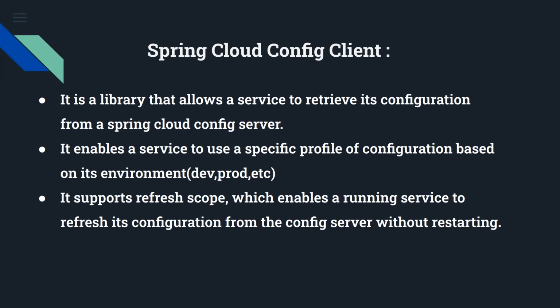It enables a service to be used for a specific profile of configuration. That is, if we want a dev application.properties, there is a way we can just call the dev application.properties, or if we want multiple properties to be called like dev, prod, QA, all three application.properties we need in that microservice, they can be called.